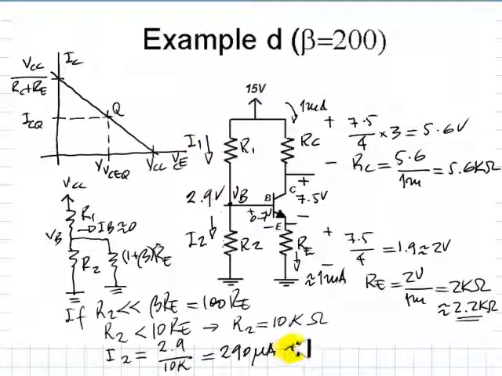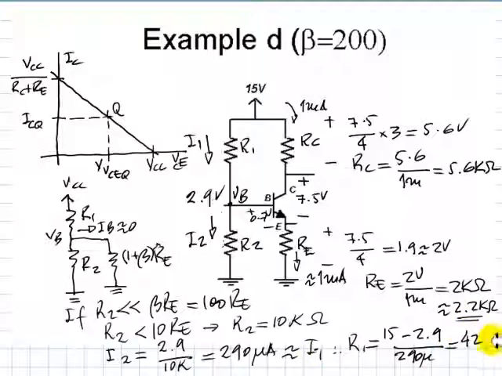We say this is approximately I1, and then we can say that this resistor at the top has the value of 15 minus 2.9 volts divided by that current. 15 minus 2.9 divided by those 290 microamps. And that is 42 kilohms.